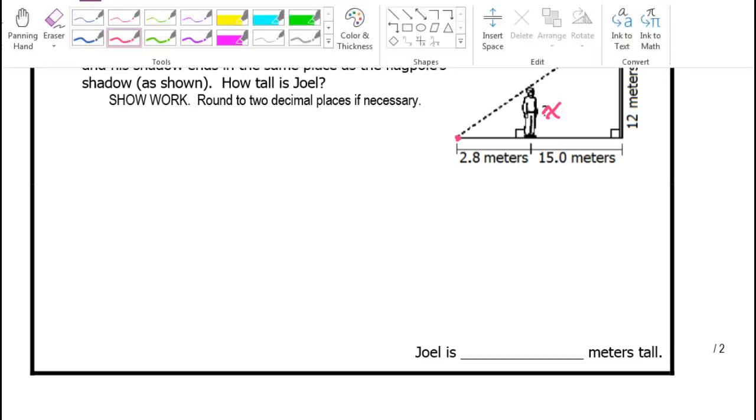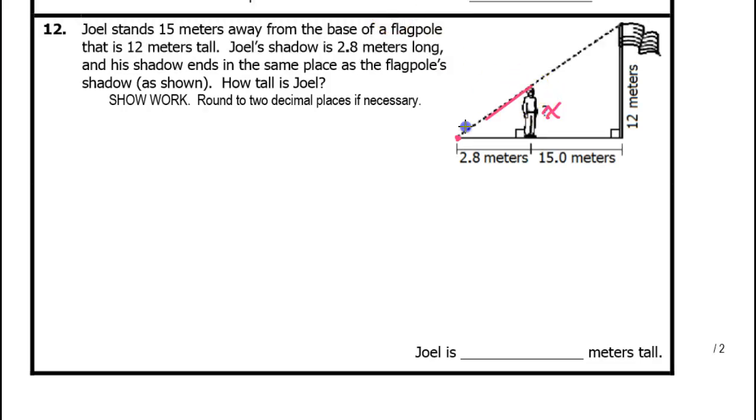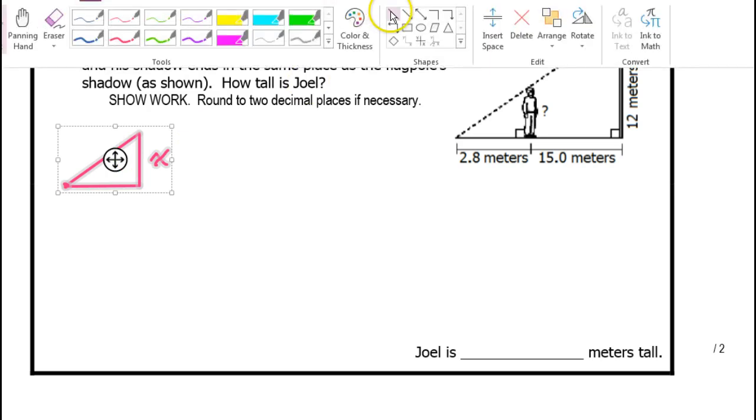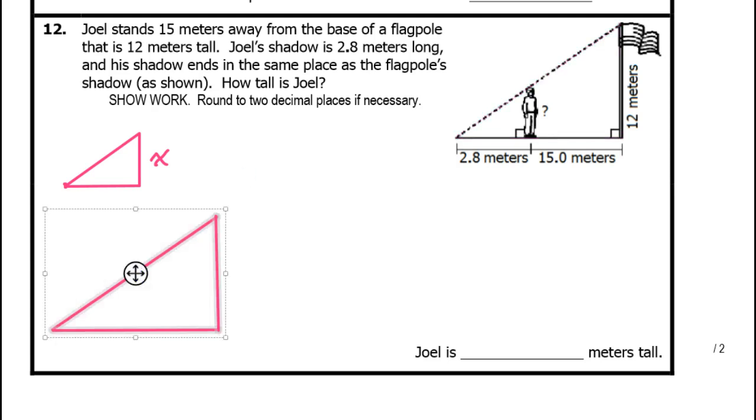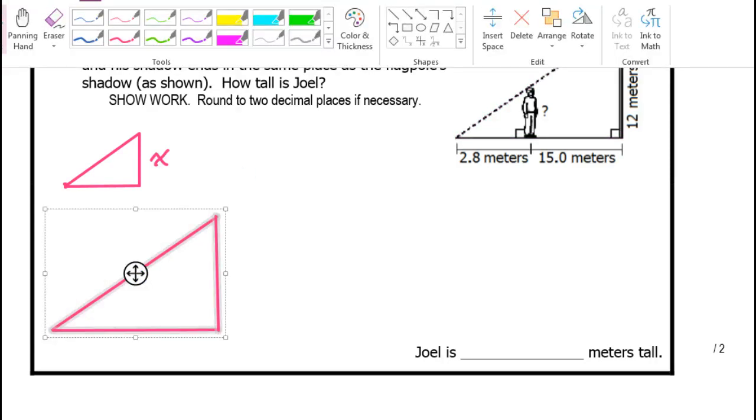So that's what we're going to do. Let's draw a small triangle that's going to go like this. And then let's draw a larger triangle. And we will use these two triangles to set up our proportion.